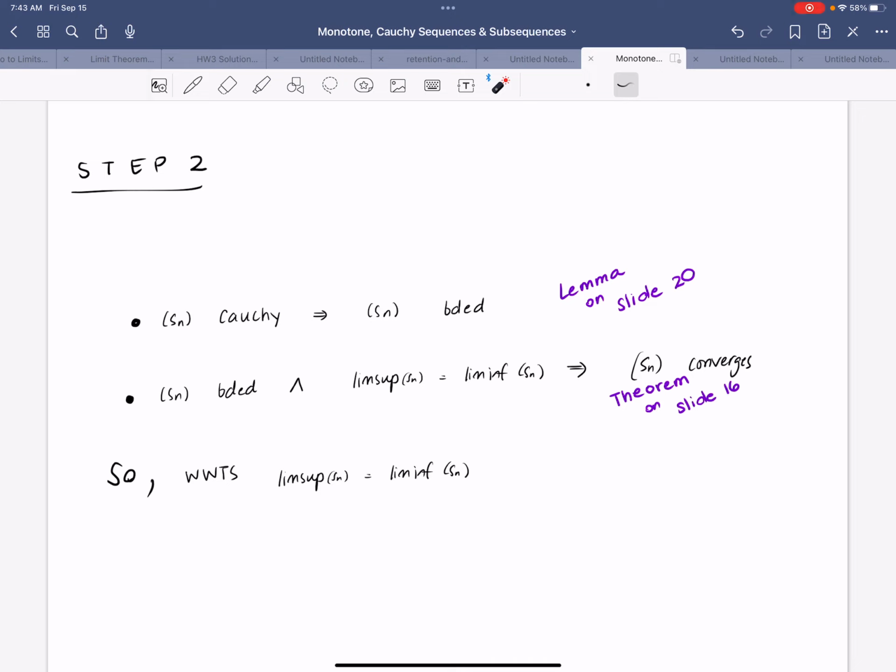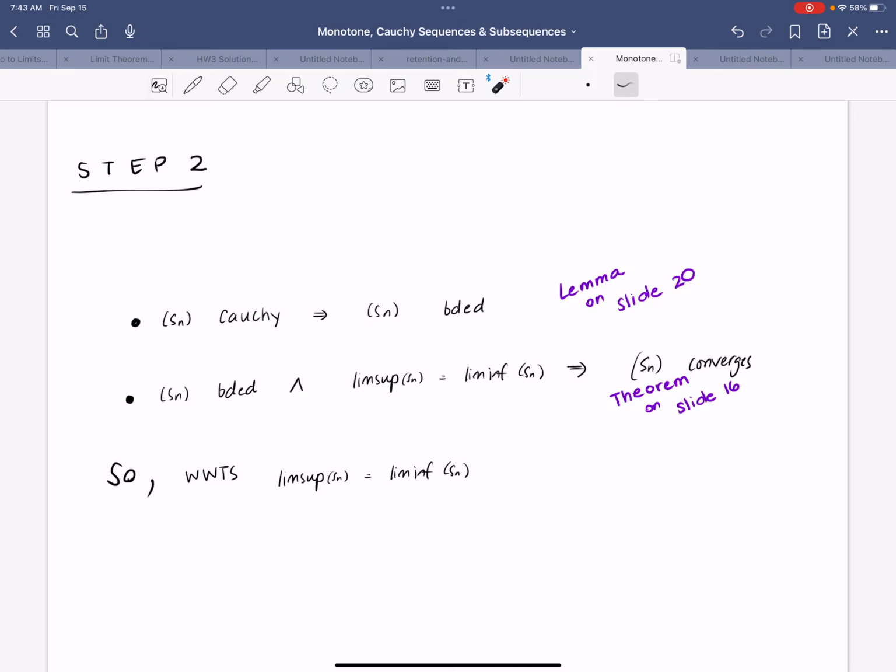They might be plus infinity or minus infinity, i.e. the sequence is unbounded. But if lim sup and lim inf are equal to each other, then your sequence converges, assuming your sequence is bounded. And if they are not equal to each other, then your sequence diverges, right? Assuming your sequence is bounded.